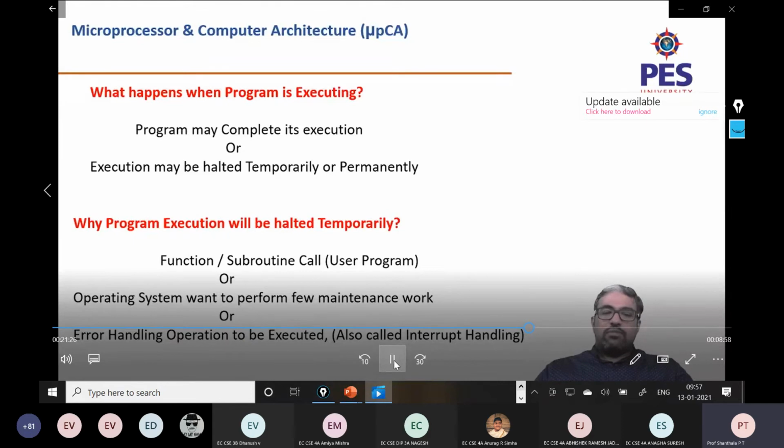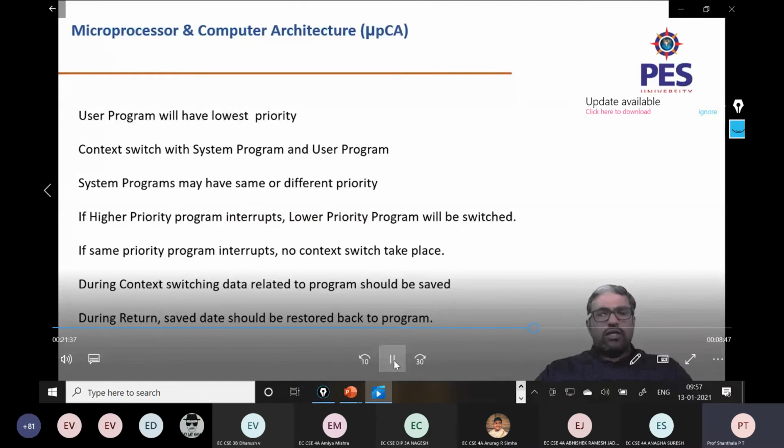So at that time your program may be temporarily halted and the error handling programs may execute before the user program, right?